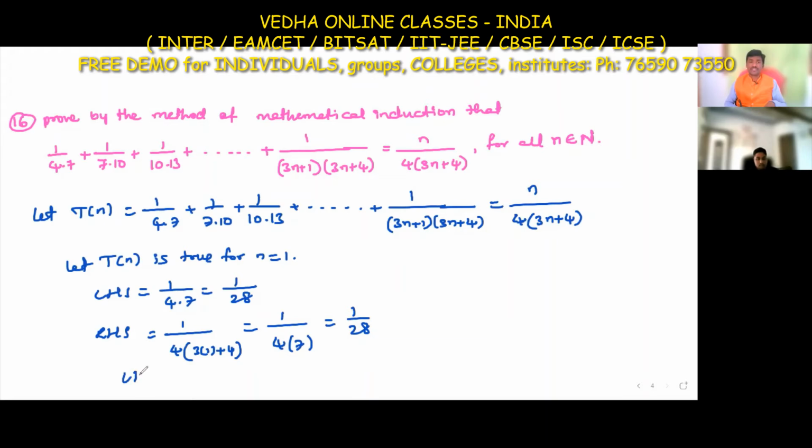Both are the same. So LHS is equal to RHS. Therefore T of n is true for n is equal to 1, or T of 1 is true.